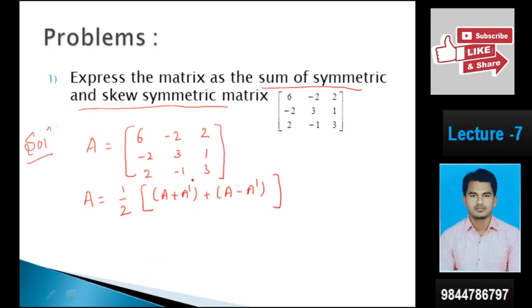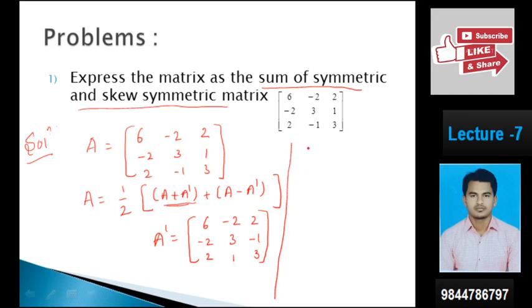Our intention is to express the given matrix as a sum of symmetric and skew symmetric. Let us take the given matrix A to find A transpose. What is our A transpose? [6, -2, 2; -2, 3, -1; 2, -1, 3]. This is my A transpose. Let us calculate A plus A dash.